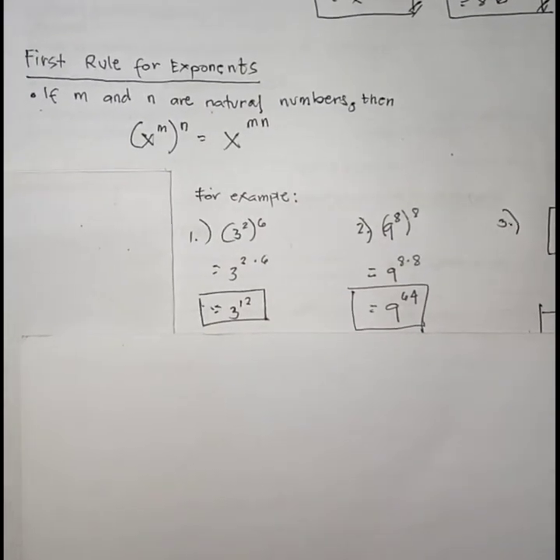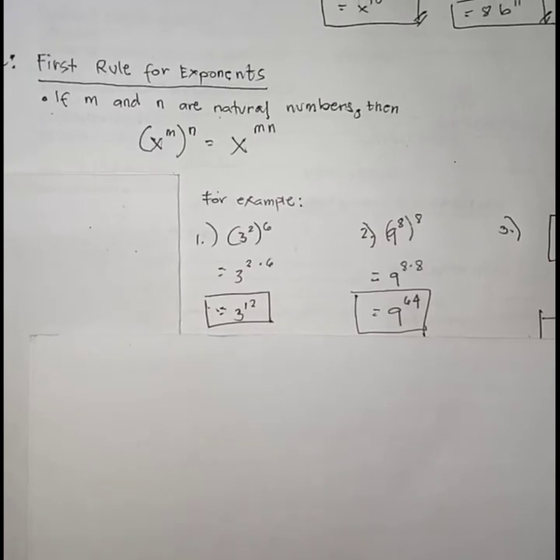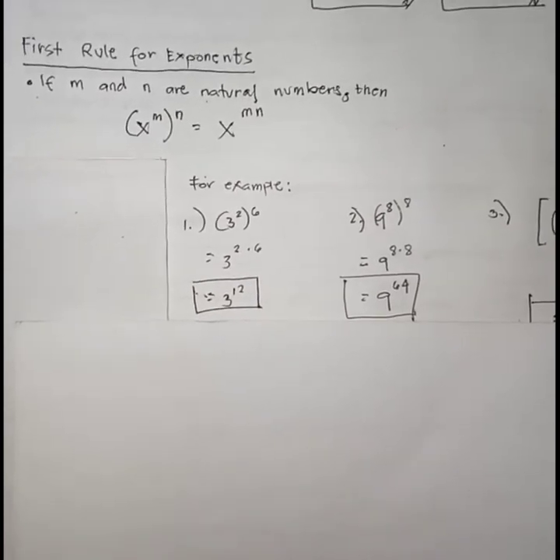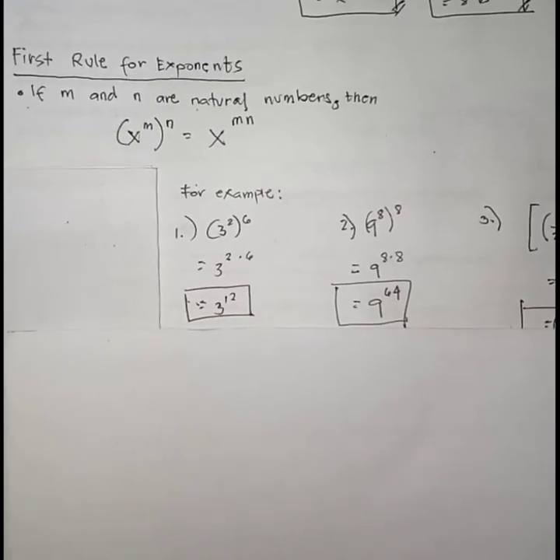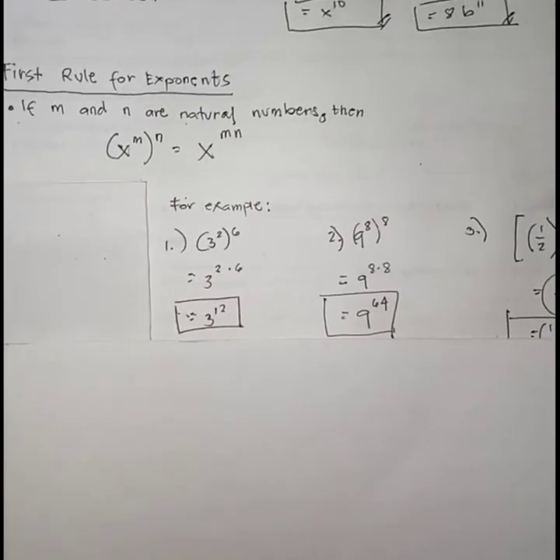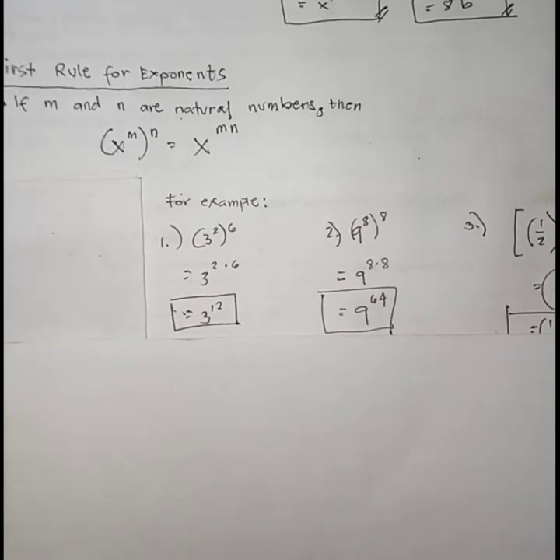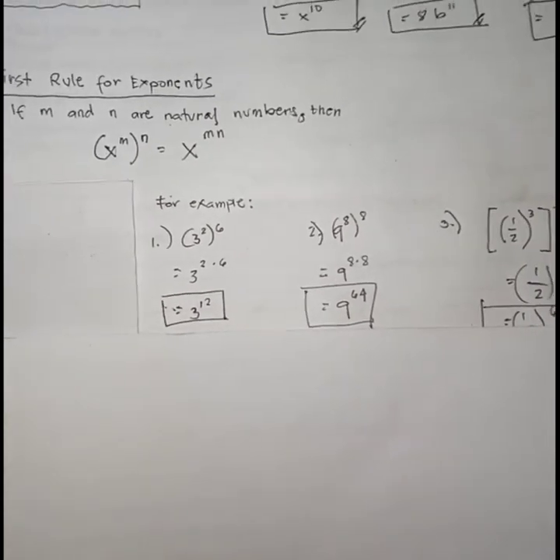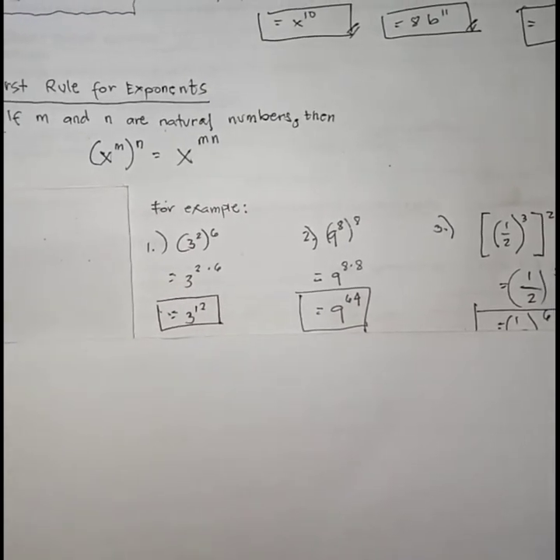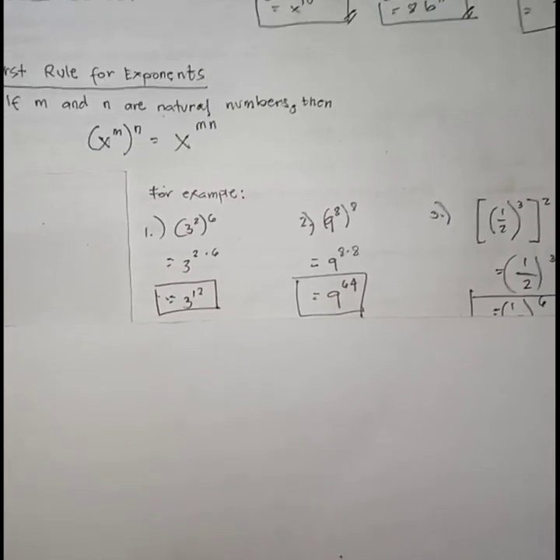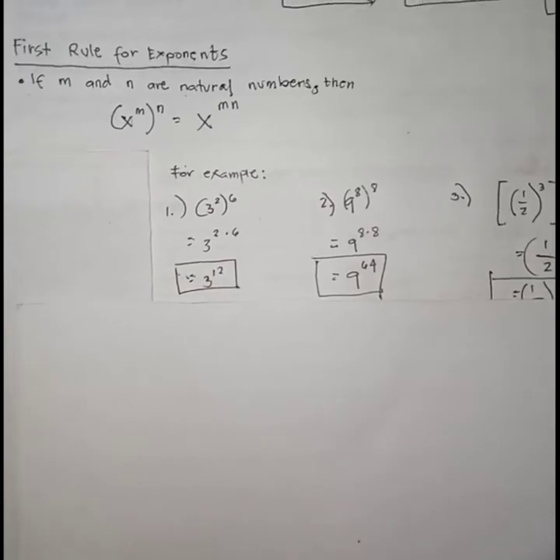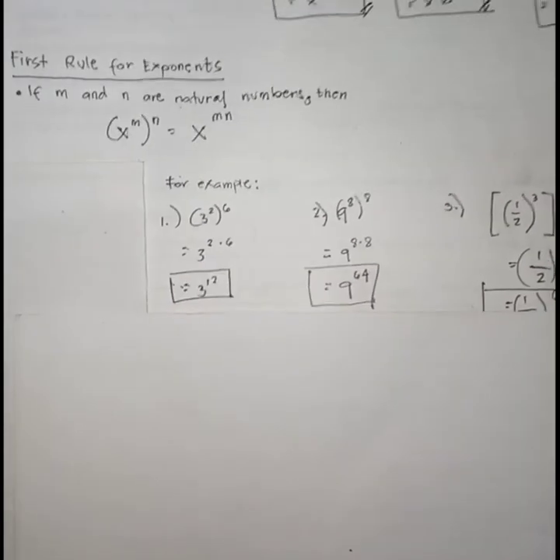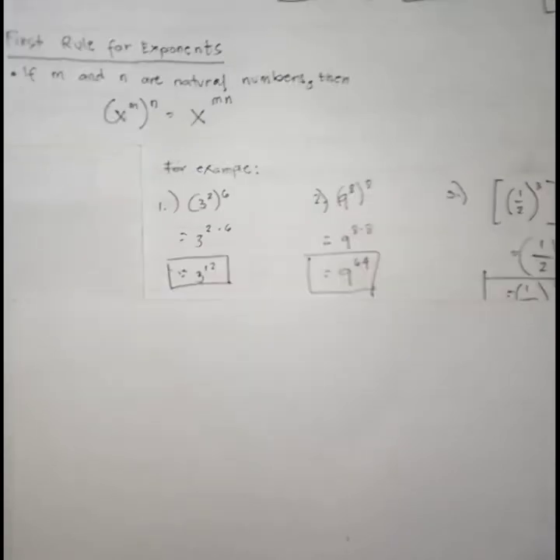For example, 3 raised to the power of 2, in parentheses, raised to the power of 6 is equal to 3 raised to the power of 2 times 6. So the final answer is 3 raised to the power of 12. In words, to raise an exponential expression to a power, keep the base and multiply the exponents. So that's why we came up with that answer.